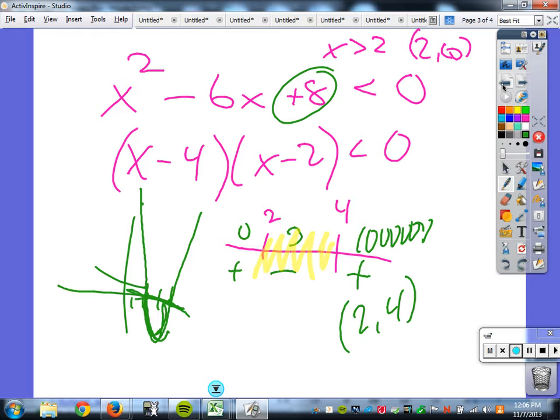So I'm looking for the interval for the x's that would make that inequality work. Any number between 2 and 4, if I plug any number from there in for x, that inequality should be true.